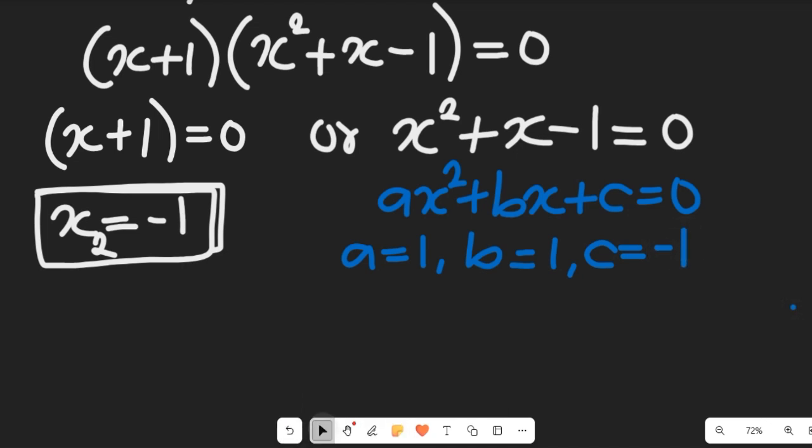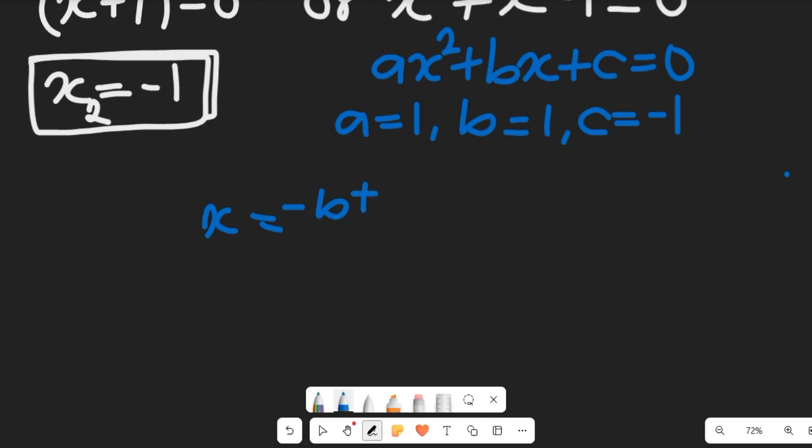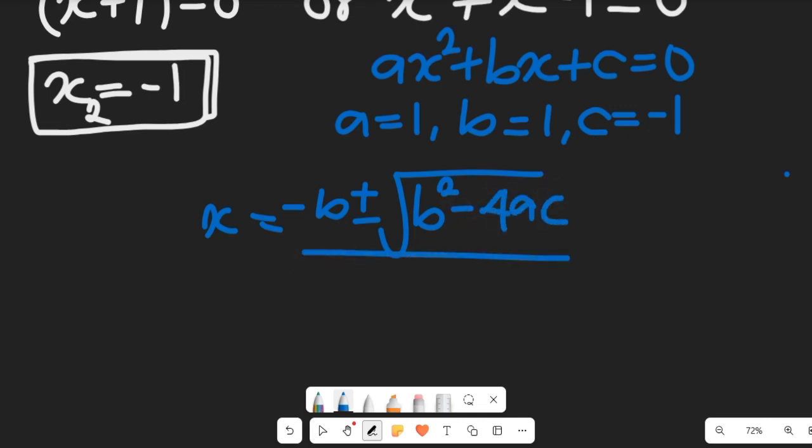So applying the quadratic formula, I'm going to have the value of my x this time around to be equal to -b plus or minus square root of b squared minus 4ac, divided by 2a.